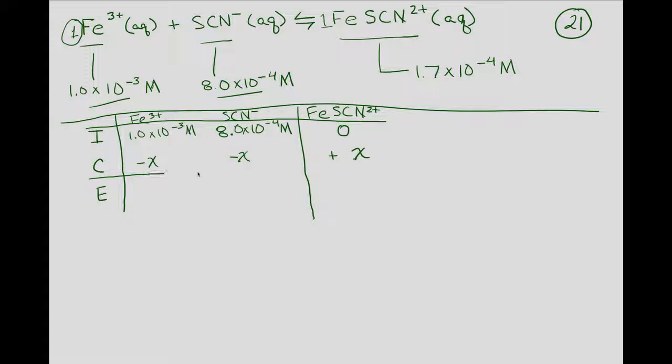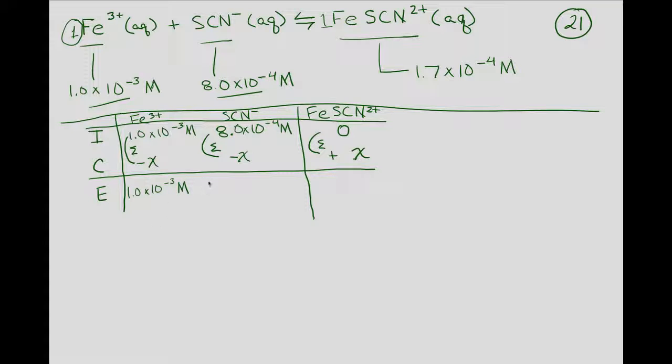Now, at equilibrium, what we do now is we set up this equation. So we're going to sum these up. Adding the top and the bottom, it's 1.0 times 10 to the minus 3 molar.